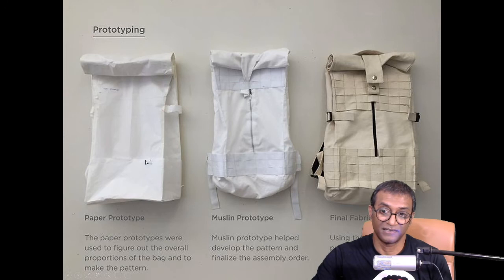Their early prototypes are made of very cheap materials, and specific, different kinds of materials. And if you notice, at every stage there are changes. Here there's one change, a very rough prototype, but then the final version looks like this. You can see there are some buckles and so on.